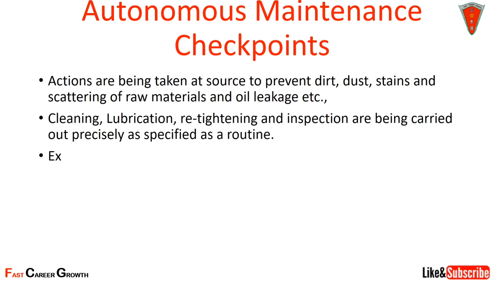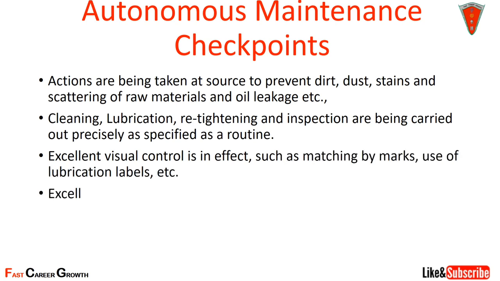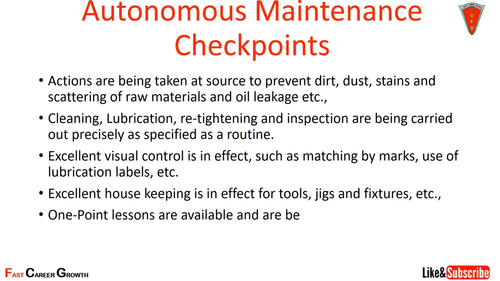Excellent visual control is in effect, such as matching by marks and use of lubrication labels. Excellent housekeeping is in effect for tools, jigs, and fixtures. One-point lessons are available and are being used as part of training to the operators, to the area owner, and to the people involved within that process.